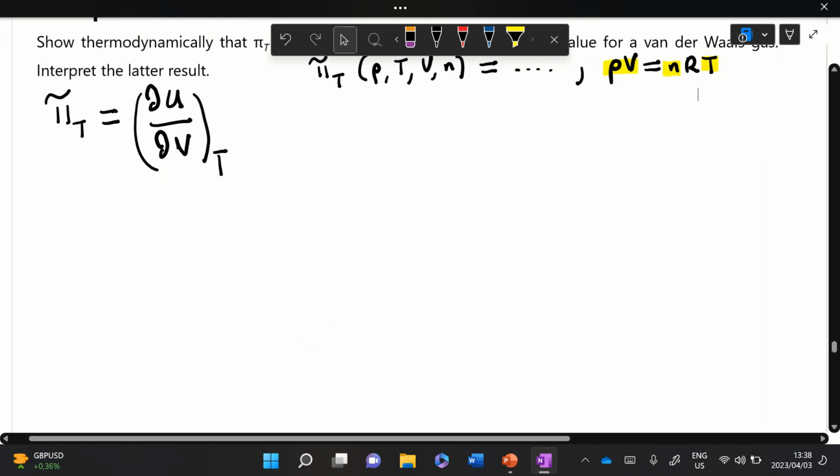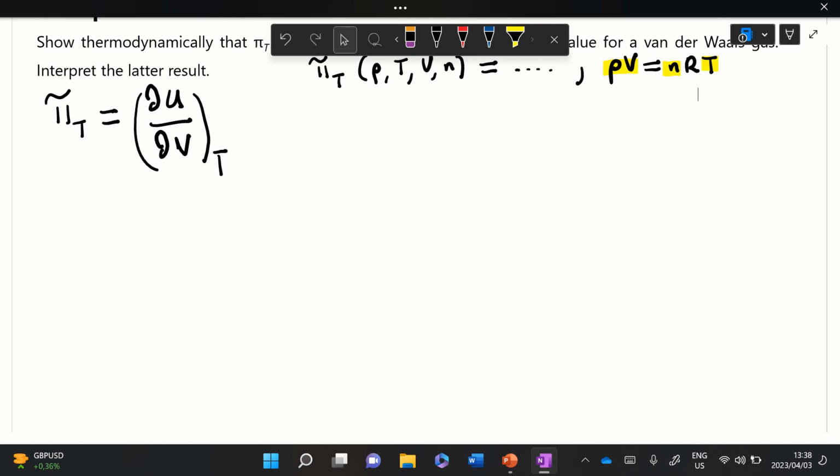At the moment we don't have that, we just have a derivative. We would need a plot of the isothermal variation of the internal energy with volume, U versus V, and we would take the derivative of that graph.